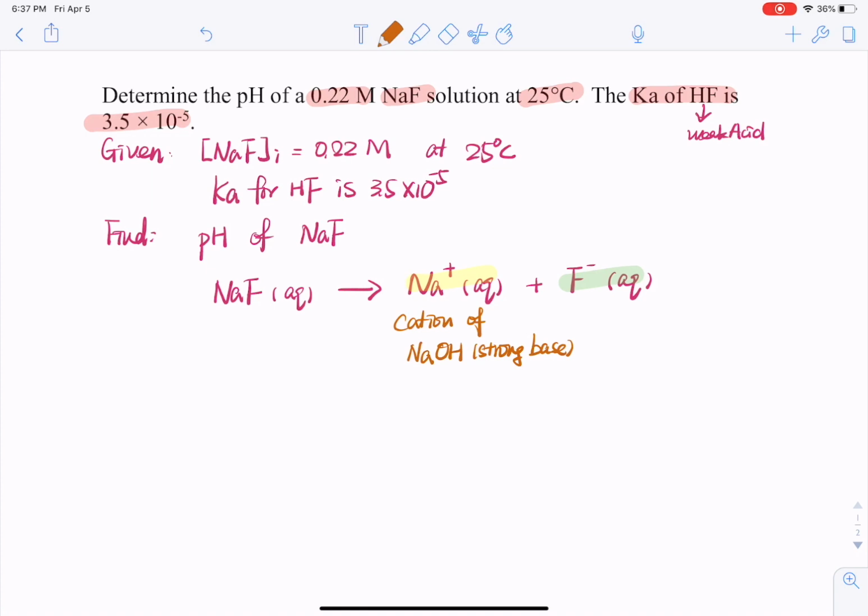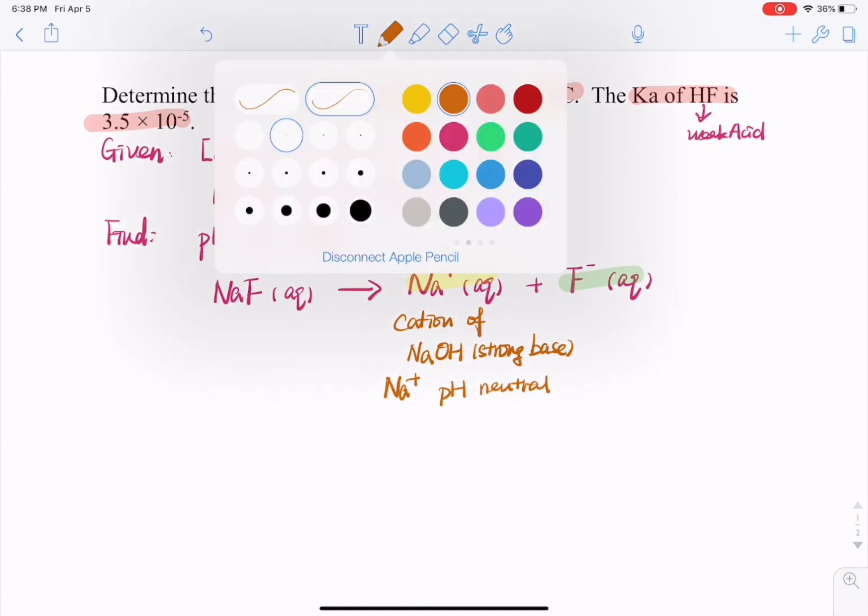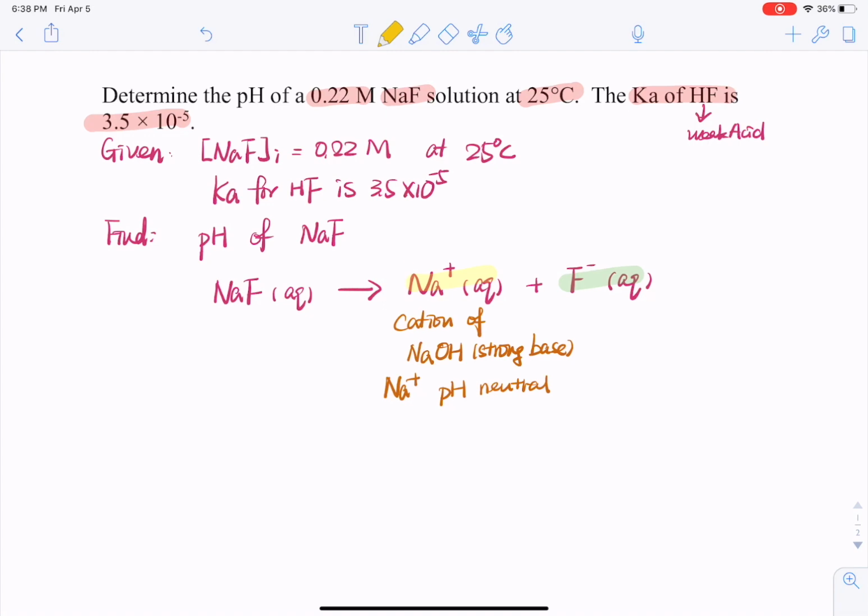Since it's a cation from a strong base, this ion itself is going to be very weak, so it's going to be pH neutral. It's not going to affect the pH. Since it's not going to affect anything, I'm just going to cross it out.